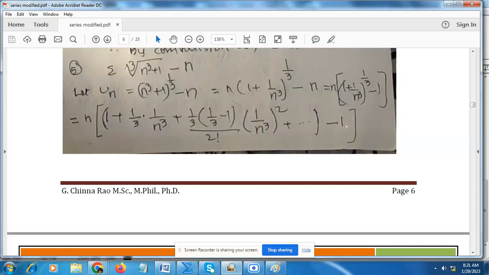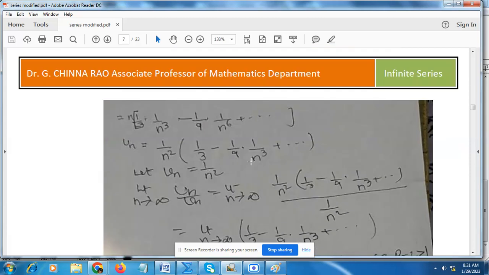This one and this one got cancelled. Finally, we have this. Now 1 by n cube taken out, then we have 1 by 3 minus 1 by 9 n cube plus so on.